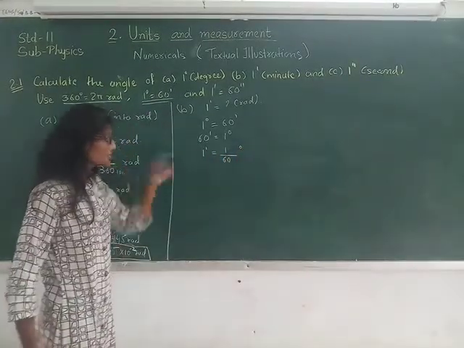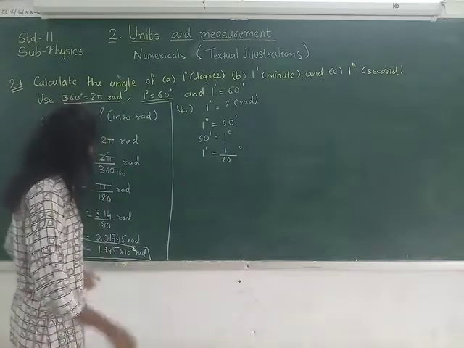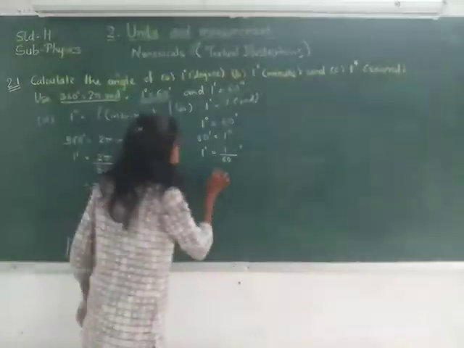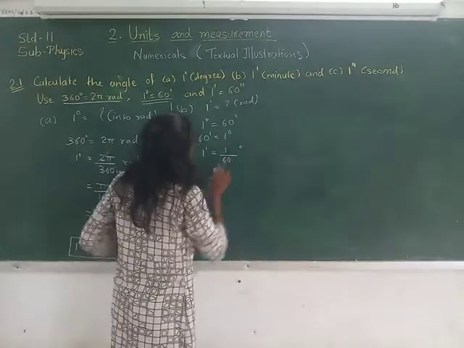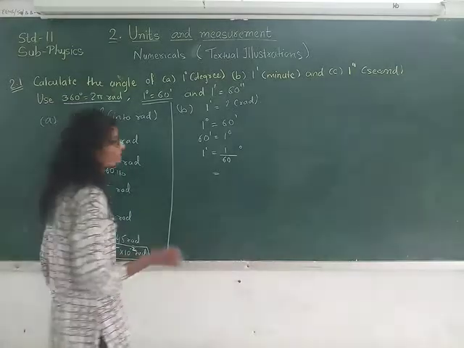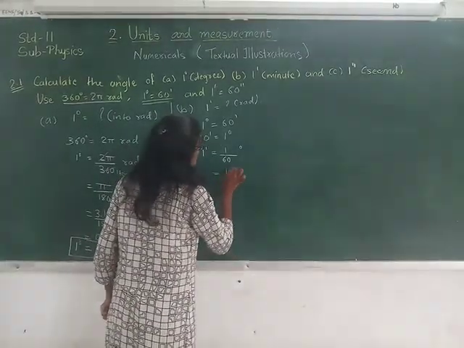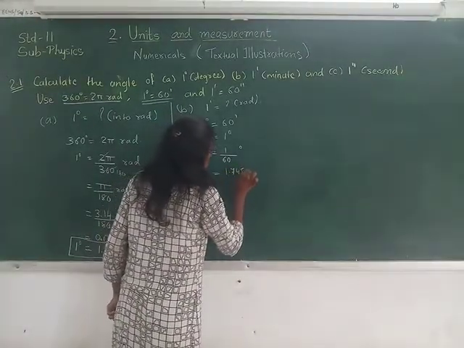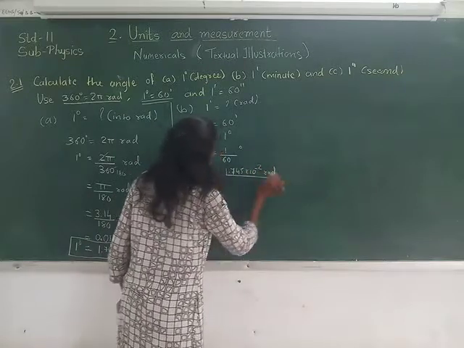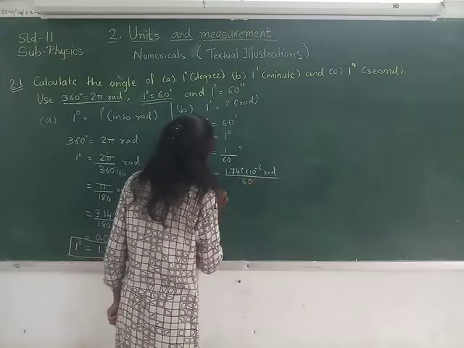Right? Now see, the value of 1 degree in radian that we have already got. Right? So 1 degree, that will be equal to 1.745 into 10 raised to minus 2 radian upon 60.